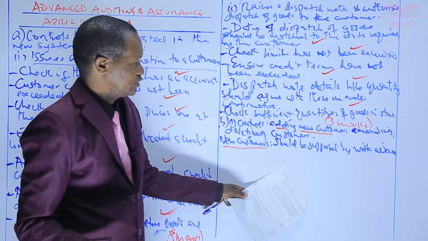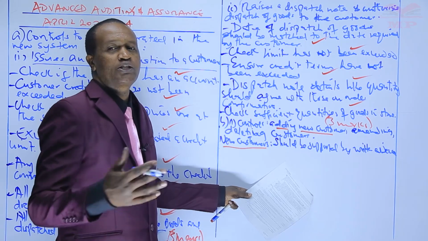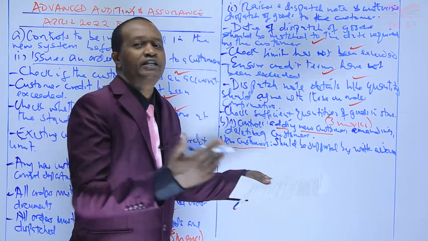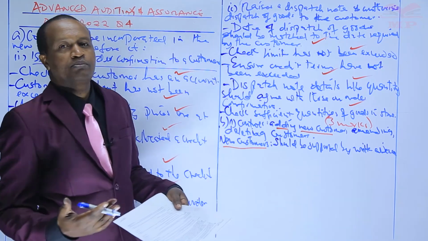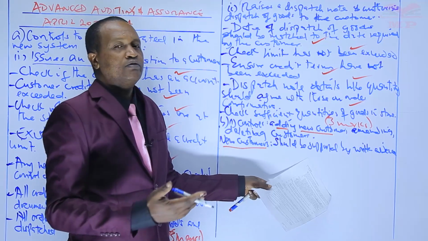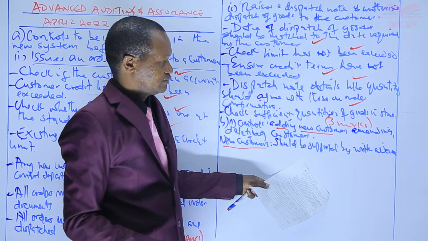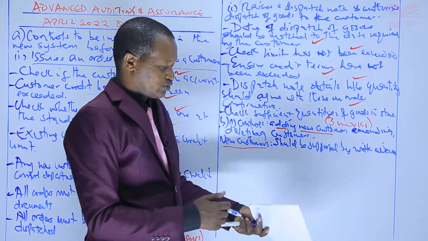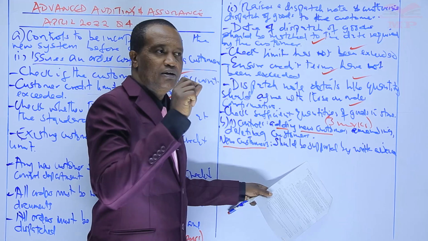Adding new customers to this system should be supported by written evidence. For example, there should be a written application from the potential customer for opening credit accounts. Before an account is added to the system, there has to be a control that the new customer must make a request in writing.